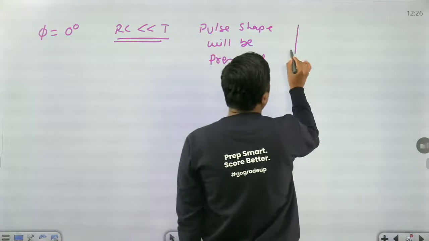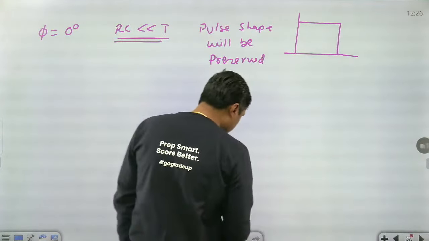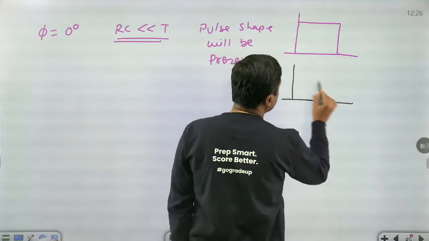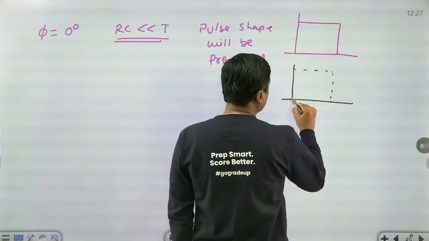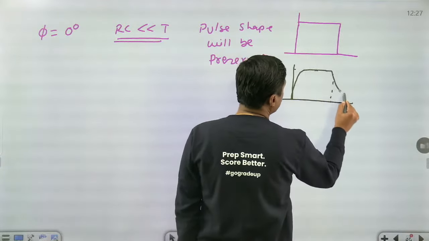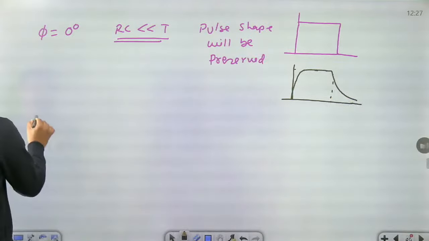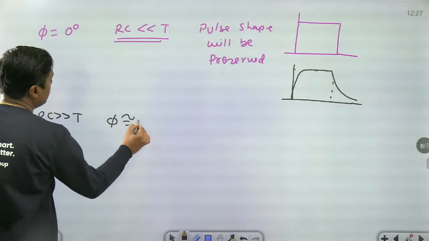If suppose we are giving the input to the low pass RC circuit like this, then we will get the output like this. This will be the case. If RC is very high as compared to T, then the phase shift is nearly equal to minus 90 degrees.